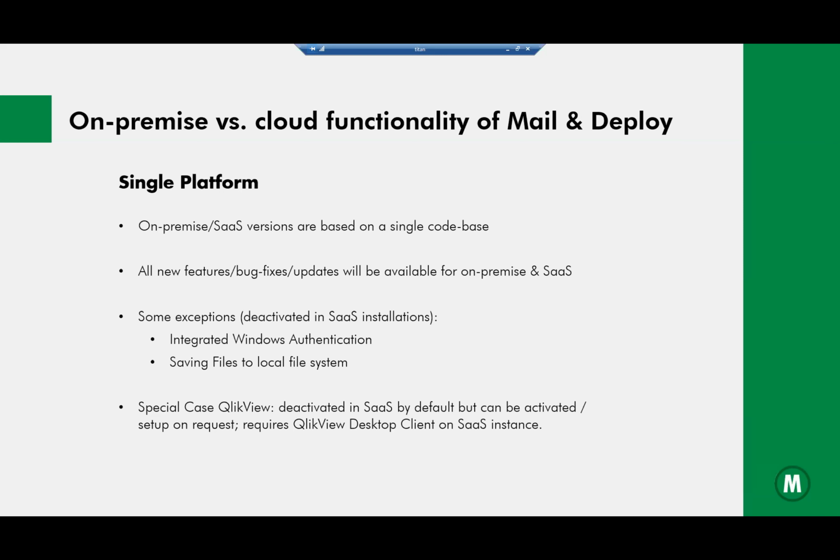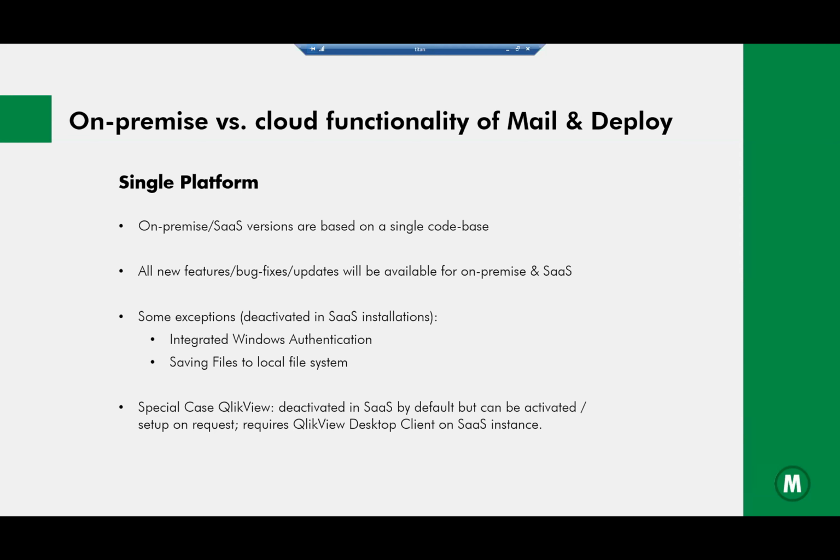There are a few features that are deactivated in a SaaS environment simply because, for obvious reasons, they do not make any sense. For instance, saving reports to the local file system. Of course, that is not possible in the SaaS version, because it wouldn't make sense to save to a SaaS instance to which you don't have any access on a file system.